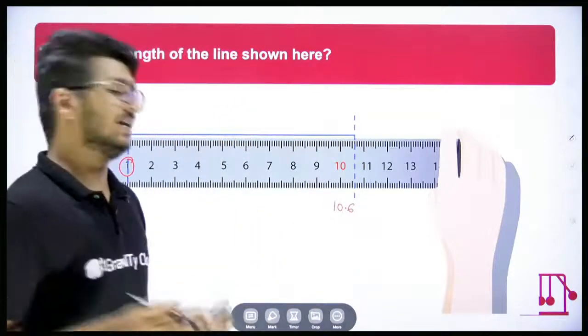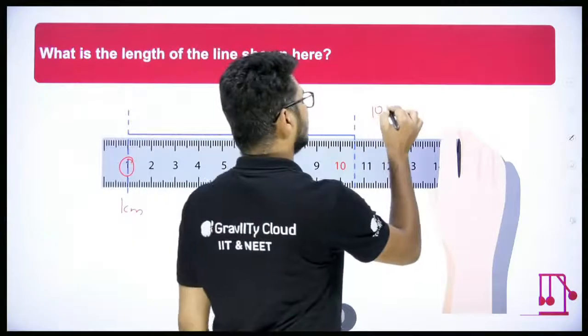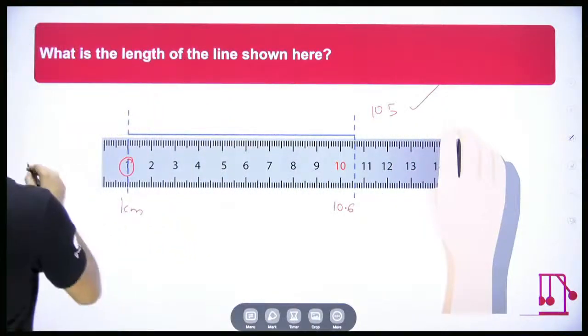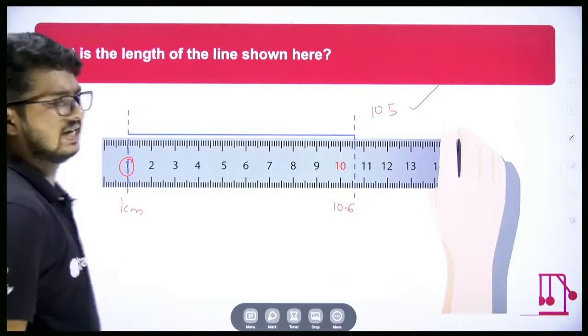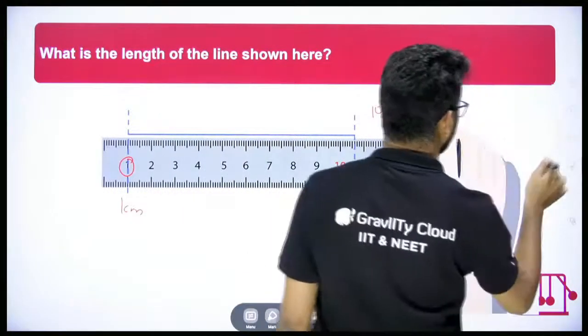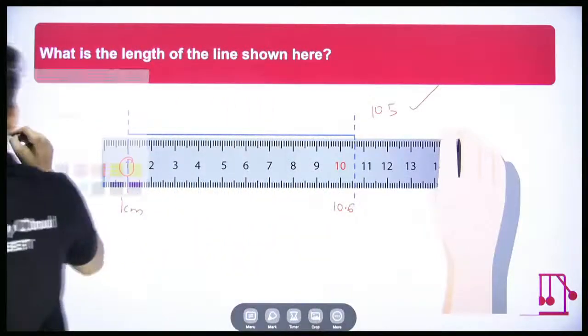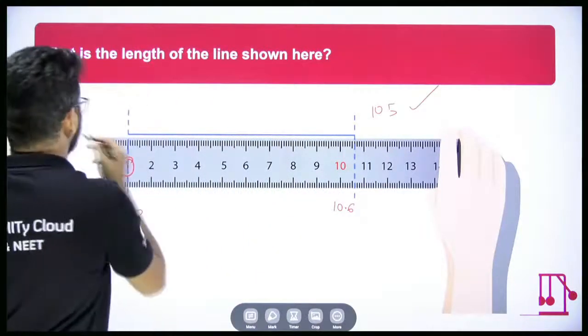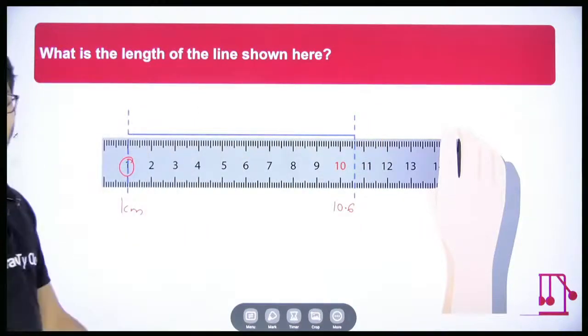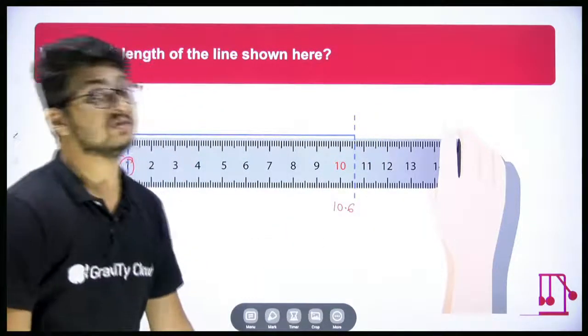So if you have written it down as 10.5 also, you are correct. Don't worry. You can think yourselves as correct because it might not be clearly visible to you. Understood? Okay. So now we got the readings on both the sides. We got 1 and 10.6. So is the length 10.6? No.